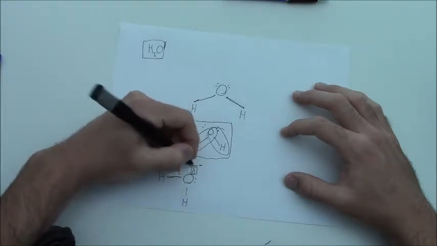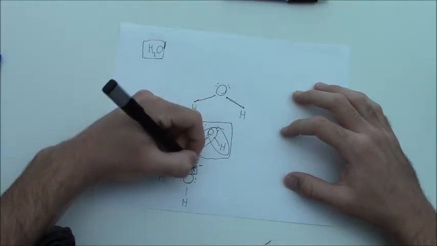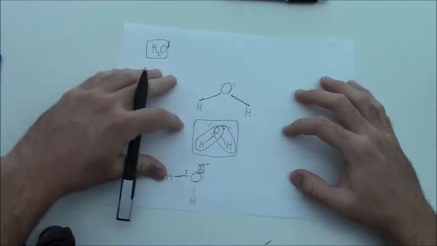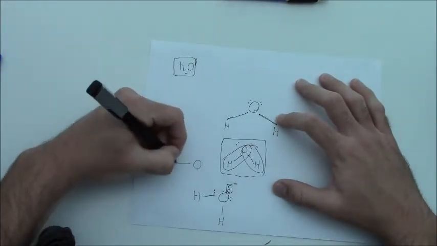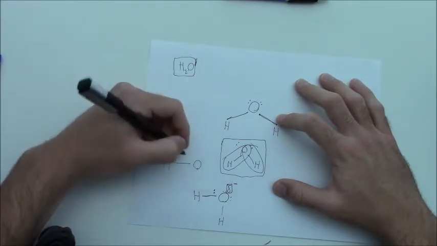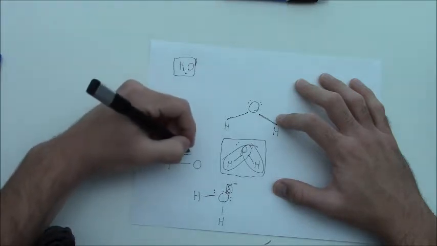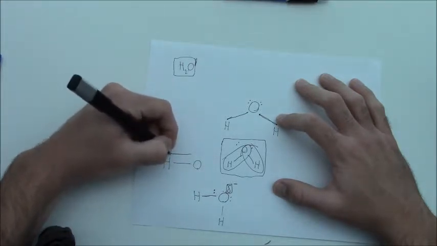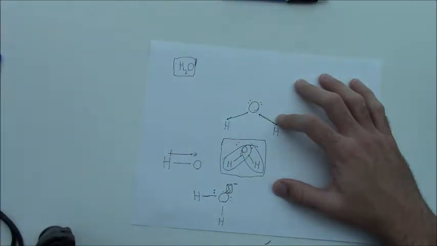This is a lowercase delta, it's a Greek letter. It would become partially negative. This is called partial charges. Another way to indicate this, if we were to draw this OH bond, we would draw an arrow, and we would have a plus next to the partially positive atom and an arrow pointing towards the more electronegative atom.